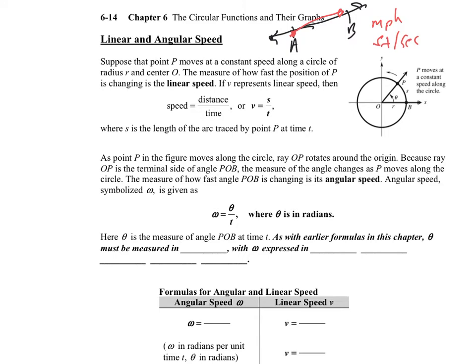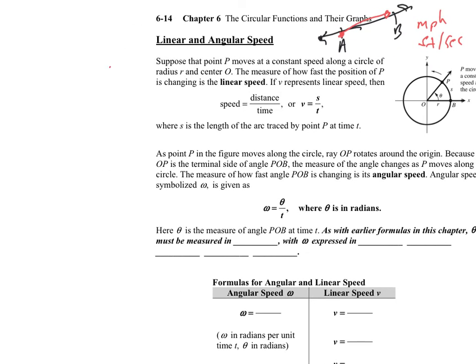If you're running around a circular track, and you're running a 440, meaning 440 meters, you take off running and you end up back where you started.